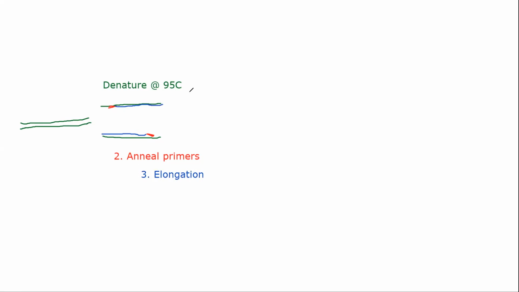And now the whole cycle can restart again with both of these splitting apart, primers re-annealing, elongation happening. So on every cycle, we end up with a doubling of the number of strands. And then it doubles again, and it doubles again, and doubles again. So you end up with billions of copies within 30 to 40 cycles, depending how much starting material you had.